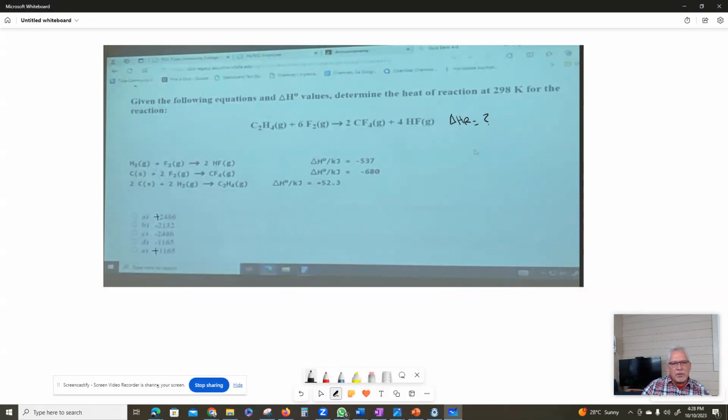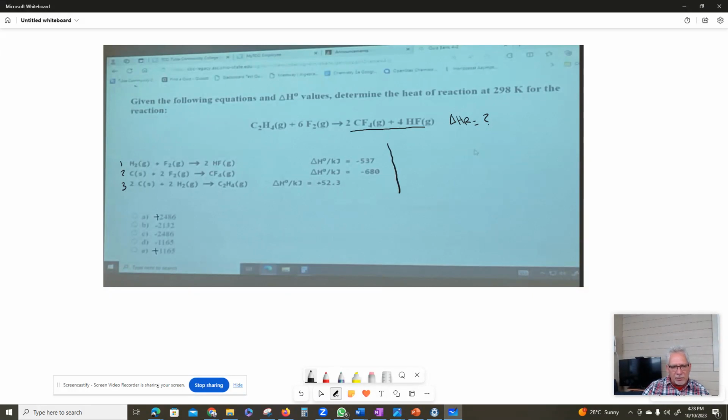Okay, the first thing that we need to do is look at the product of this reaction and find one of these reactions, number 1, 2, and 3, that will match any of these products. Because the bottom line is we need to get an overall reaction by combining these reactions.